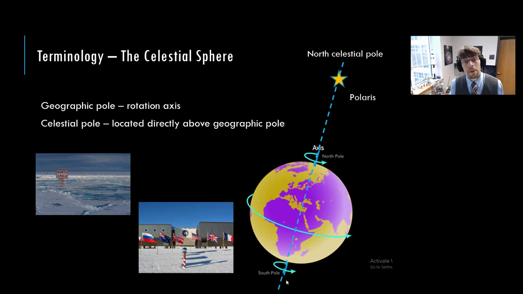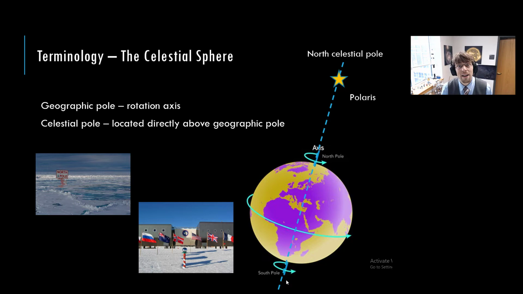So next up, this is why Polaris is so stinking important. Why I have put Polaris on your star charts is not because it is the brightest star in the night sky. Rather, it is because of location, location, location. Polaris, as seen from Earth, is basically on the North Celestial Pole.